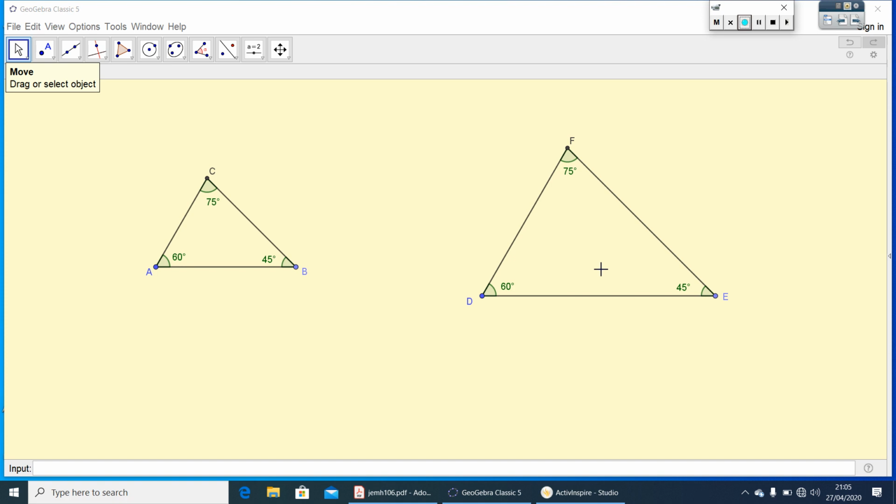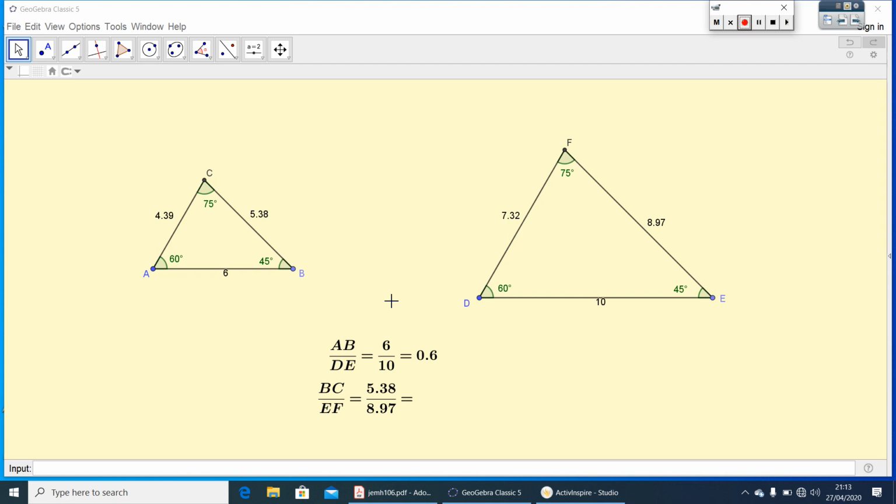Now, what about the ratio of the corresponding sides? Here the corresponding side of AB is DE. Let me measure the length. AB by DE is equal to 6 by 10. You are getting 0.6. Now let me check BC by EF. BC by EF is equal to 5.38 by 8.97.